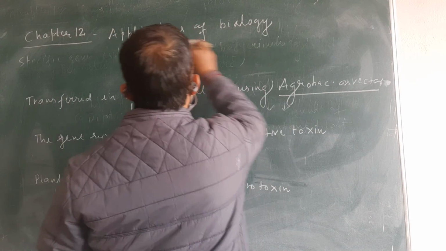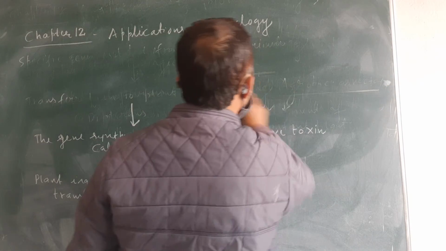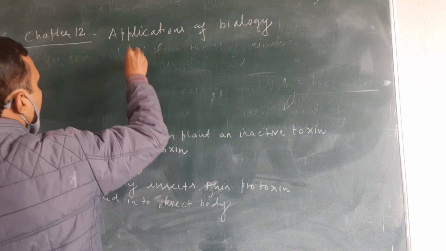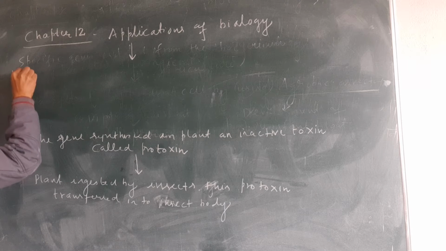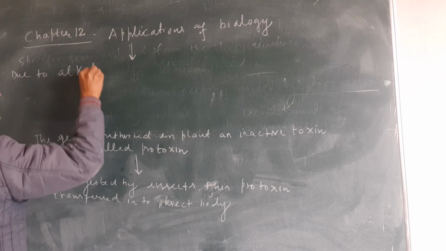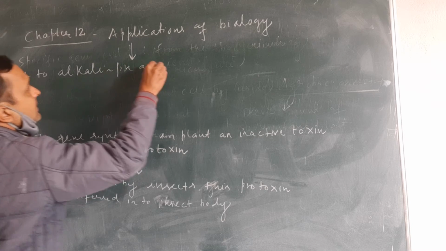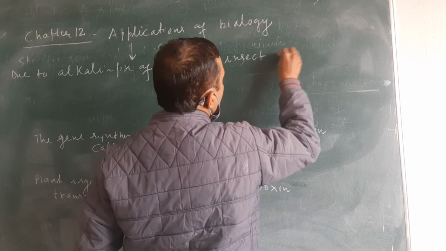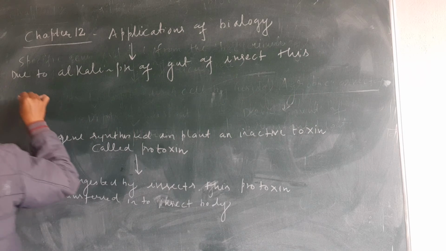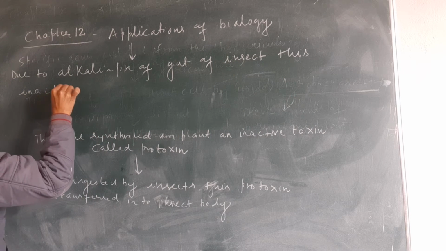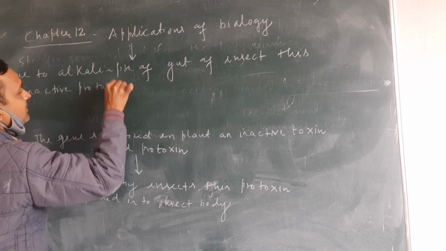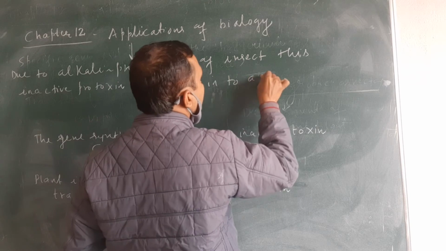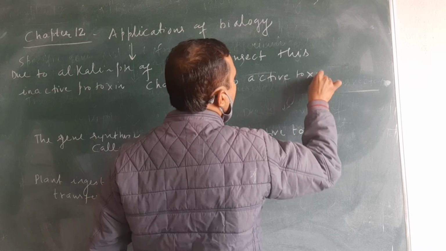Next, due to the alkaline pH of the gut of the insect, this inactive protoxin is changed into active toxin.